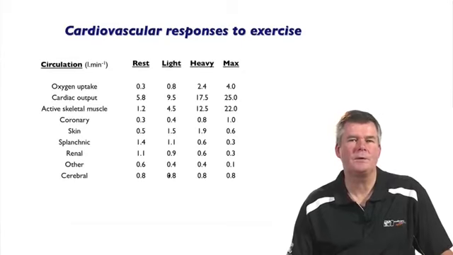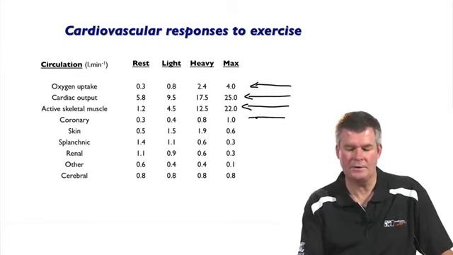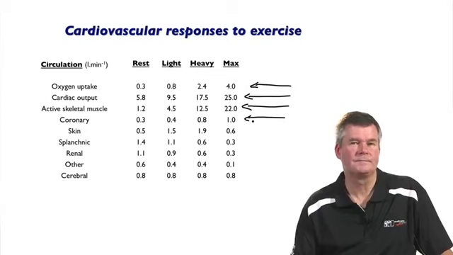If we begin by looking at incremental exercise, we can examine the changes in oxygen uptake, cardiac output, and various tissue blood flows as we go from rest through light exercise to heavy exercise and then to maximal level cardiac output. The heart increases its activity during exercise, and so there's a slight increase in the coronary blood flow.